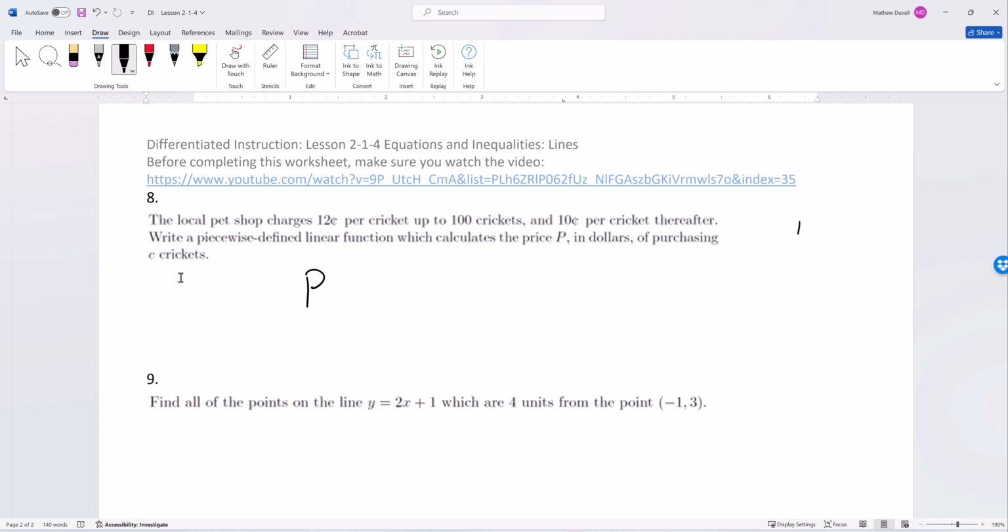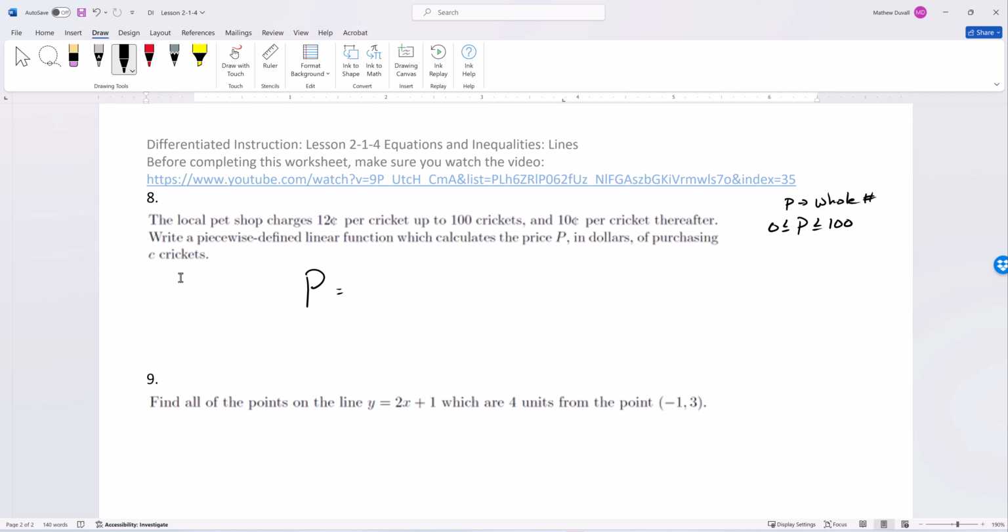So when C is less than or equal to 100, but you can't buy negative crickets. So we'll say that. And then C has to be a whole number, right? Because you can't buy half a cricket. They won't let you do that. So that's the first one, because it says up to 100 crickets.